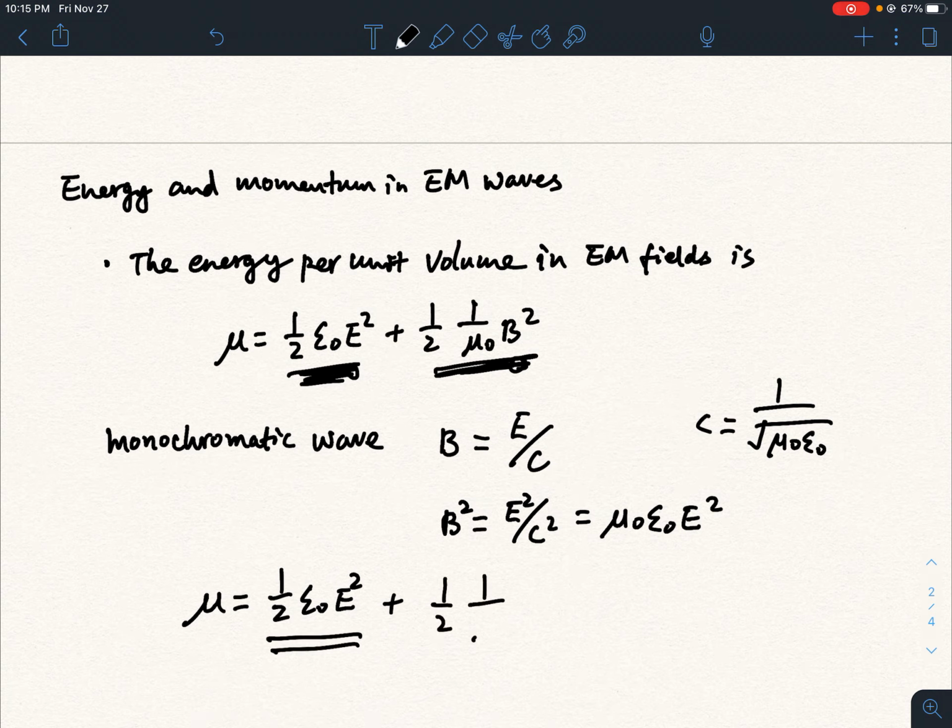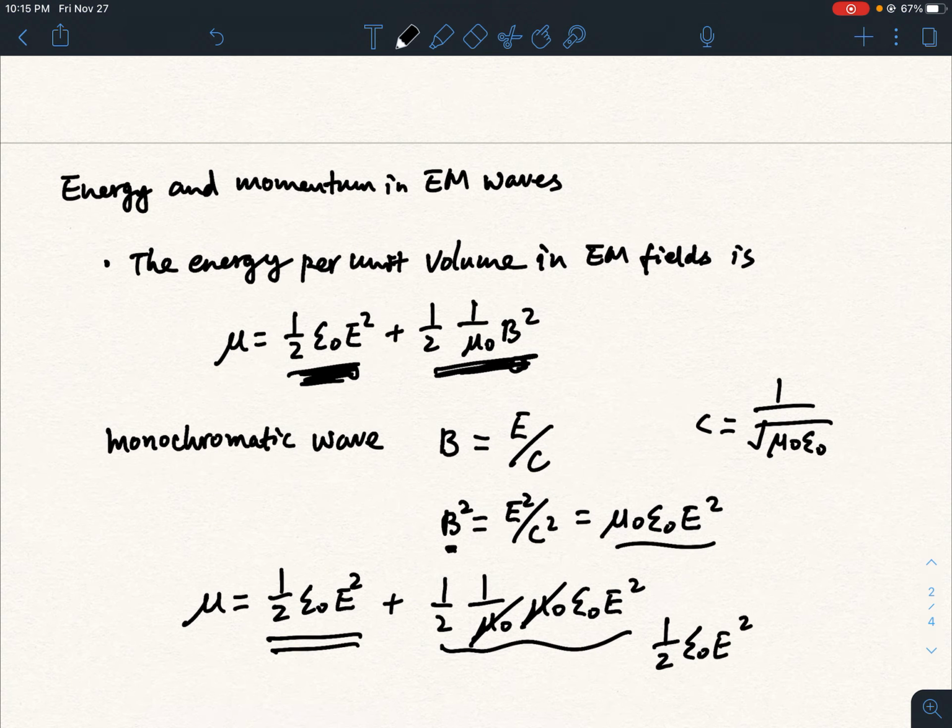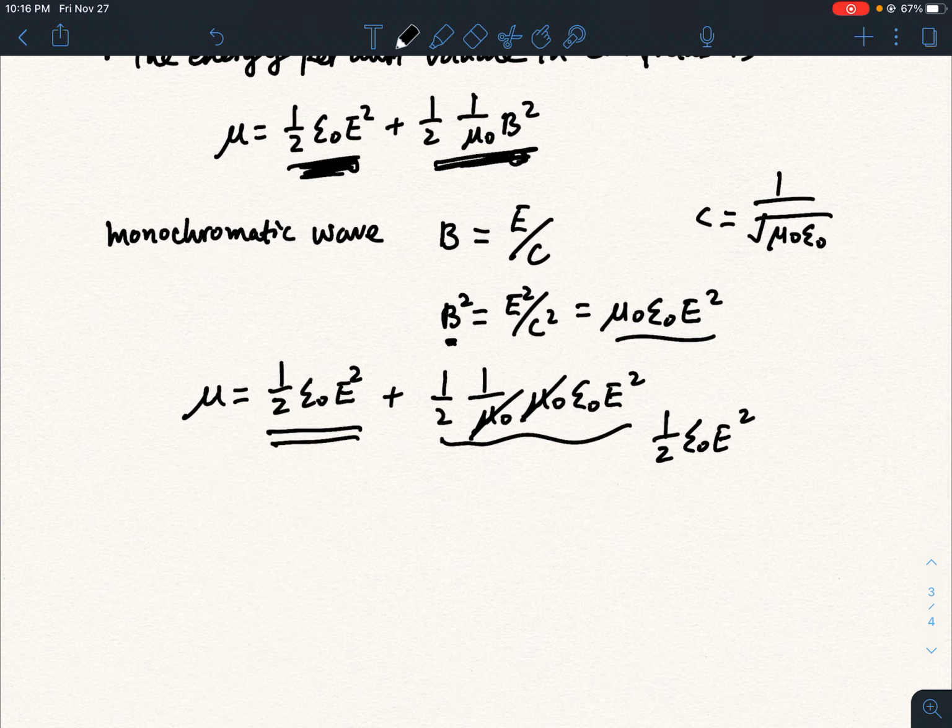Now for the magnetic one, because B squared is equal to mu 0 epsilon 0 E squared, you see that mu 0 cancels, so this side also gives me 1/2 epsilon 0 E squared. This just shows you that for a monochromatic plane wave, the electric and magnetic field contributions are equal to each other.